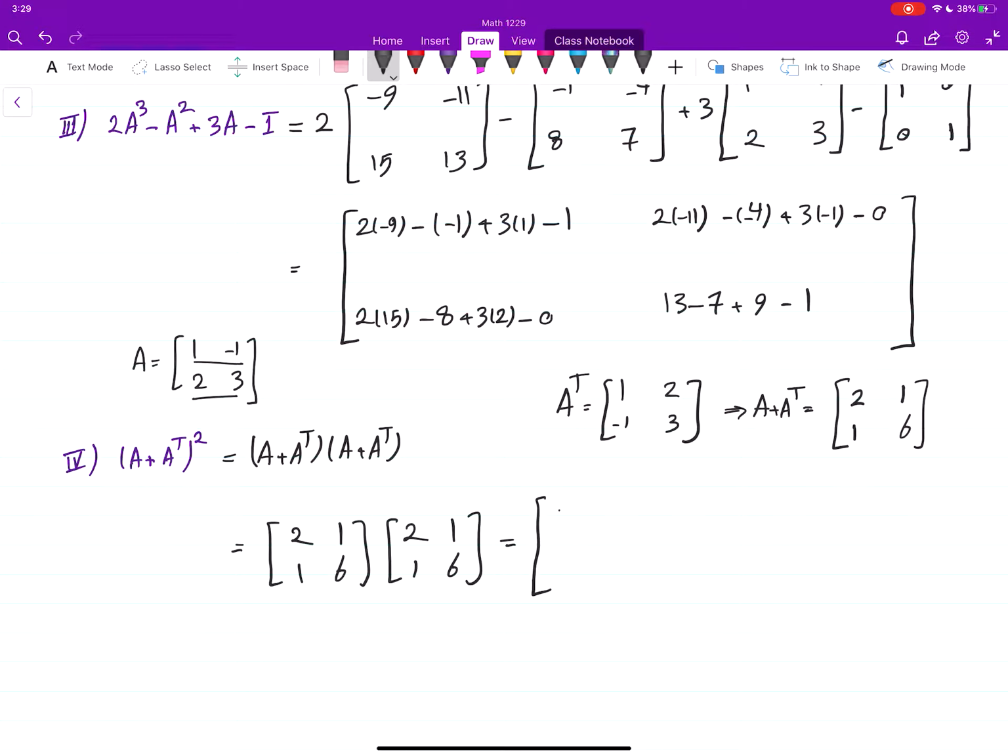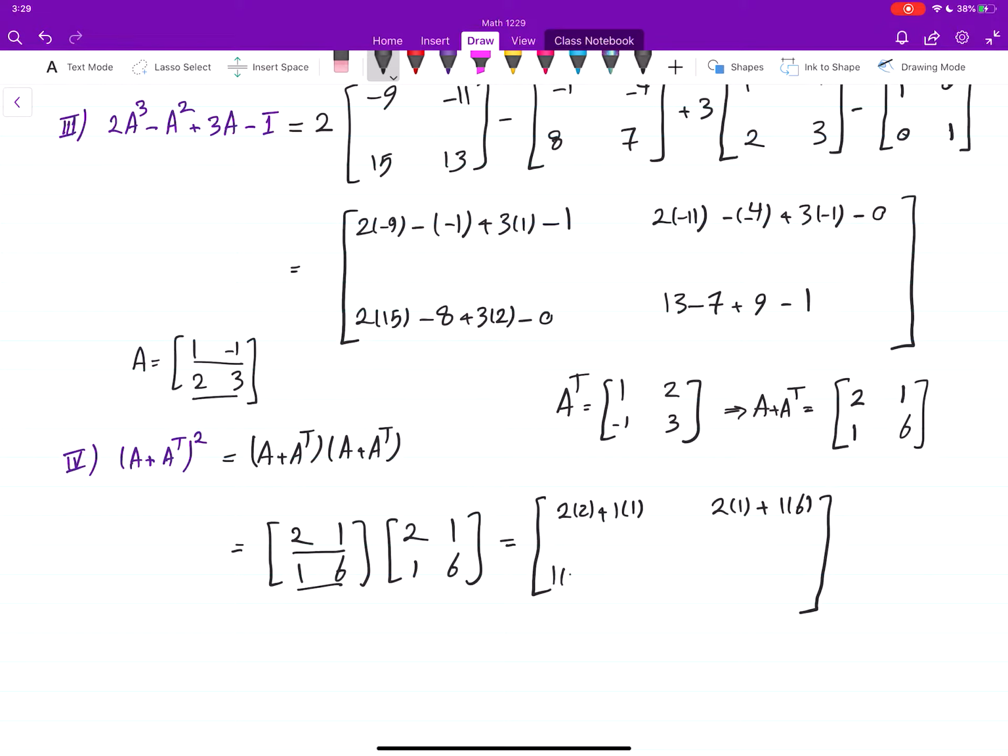Here, what we have, 1 times 2, 1. So 2 times 2 plus 1 times 1. 2, 1 times 1, 6. So 2 times 1 plus 1 times 6. 1, 6 times 2, 1.